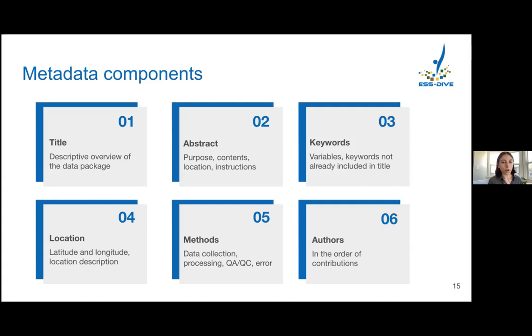Keywords allow users to search for your data package, and location, including latitude, longitude, and a proper description, are also very important, as well as methods, which is surprisingly a field that is commonly left blank or without enough detail. And finally, including authors in order of contributions is really important to allow users to reach out to contacts. These core components are just a few of the metadata fields that are reviewed by the ESS-DIVE team during the publication process.